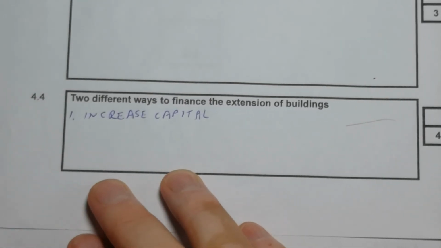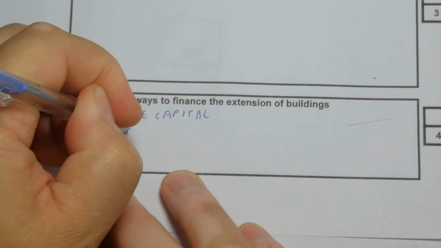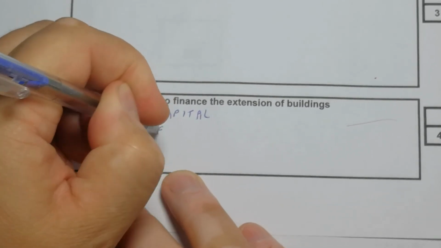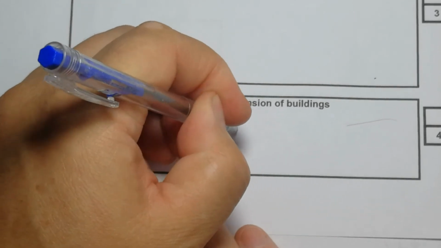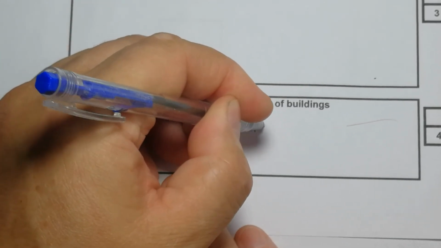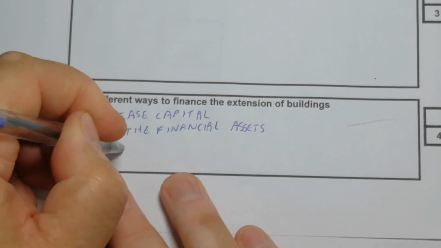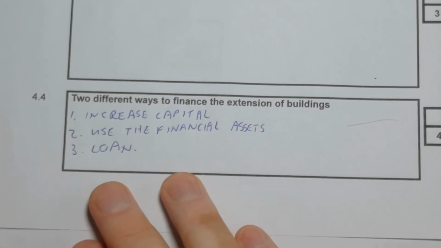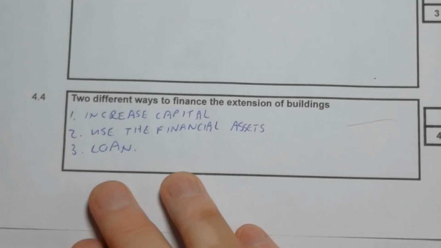Another one is to take the financial assets, or use the financial assets. They can get a loan. That would be some of the ways to finance that.